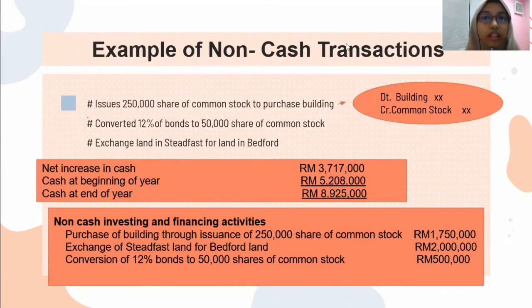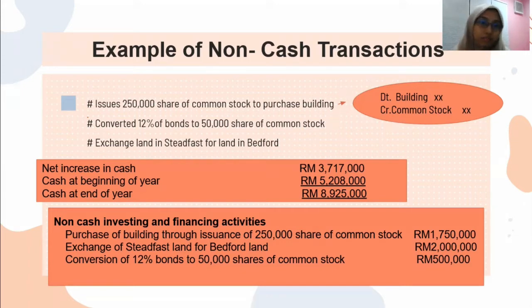Examples of non-cash transactions. First, issued 250,000 shares of common stock to purchase a building. It is an exchange between common stock and a building. So it provides a journal entry: debit building, credit common stock.